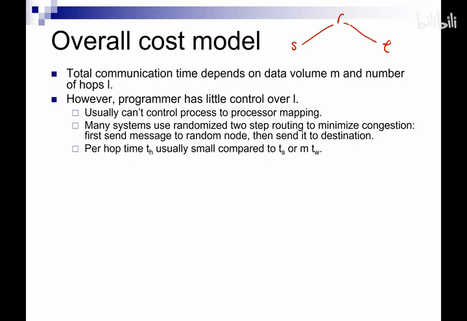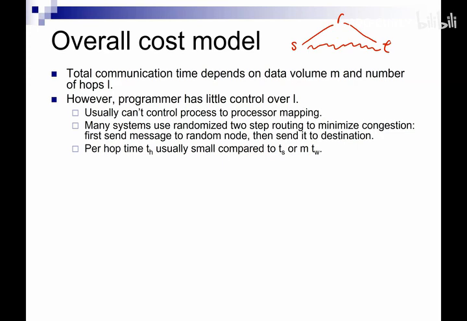The idea is that because you're sending to a random location, you minimize your chance of causing congestion. For example, if you have a very congested path between the source and destination, because I'm going through a random intermediary, I have a good chance of avoiding this congested path.